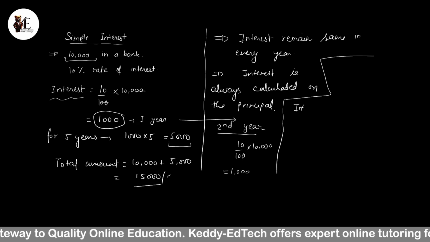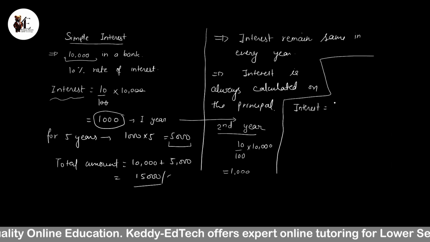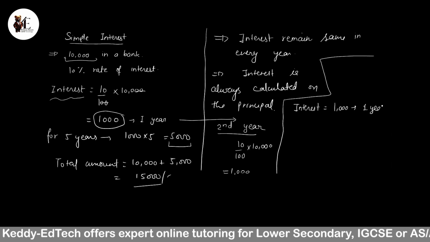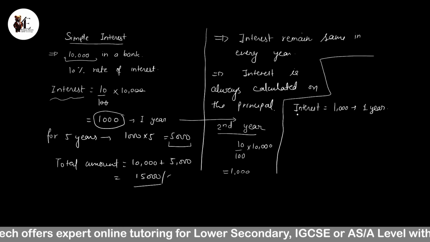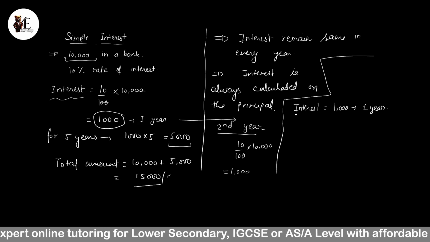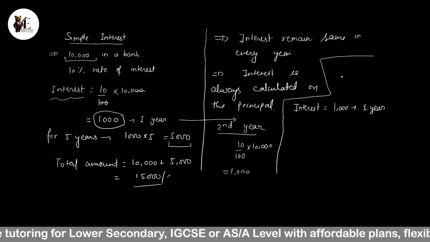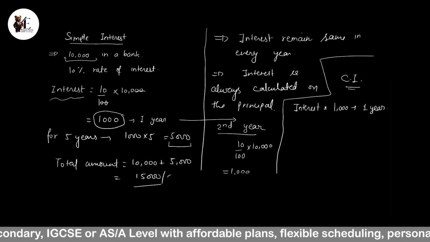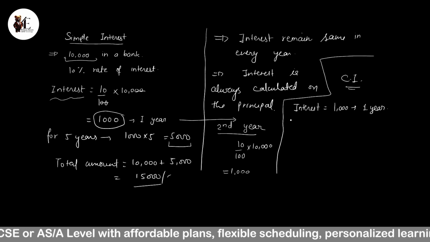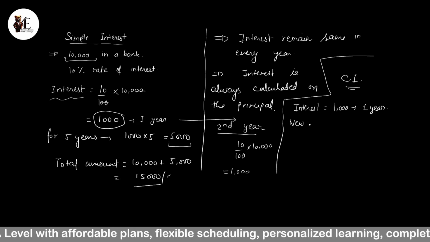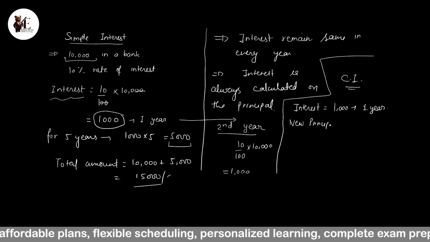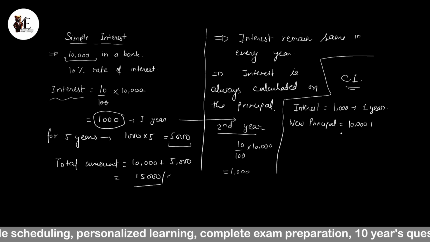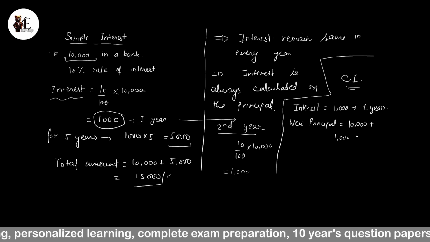But if it was compound interest, it was also 1,000 for the first year, but for the second year, the interest will not be calculated on the principal. I'm talking about compound interest. Since you got interest of 1,000 in the first year, your new principal will become 11,000. 10,000 was the amount which you deposited, and 1,000 you received in the first year.